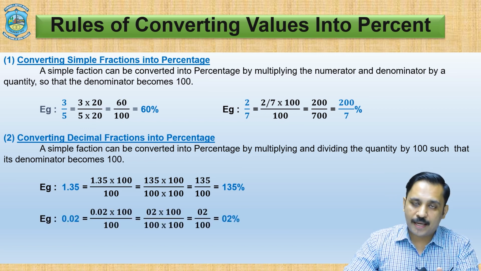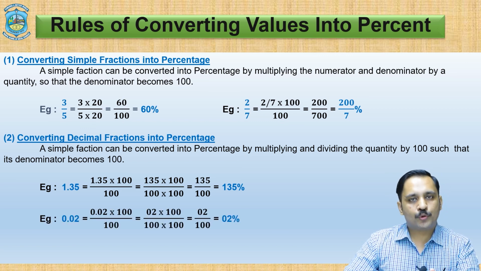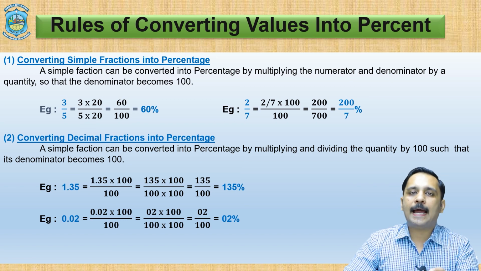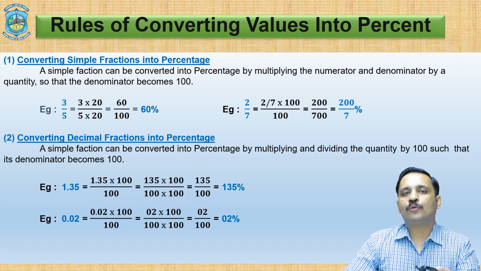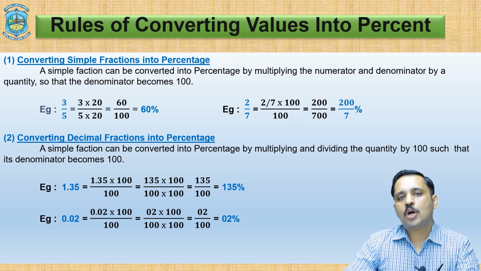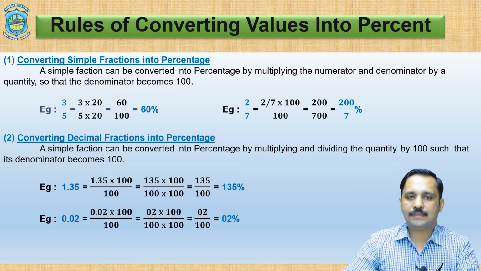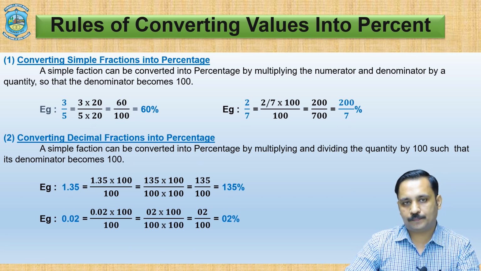Let us take another example. We have 0.02. Now multiplying and dividing by 100, we get 0.02 into 100 divided by 100. Removing the decimal, we have to divide it again by 100. On solving further, we get the answer as 0.02 percent.